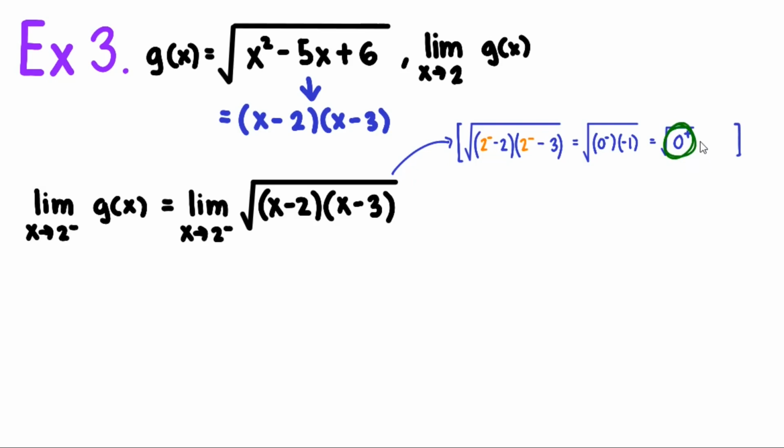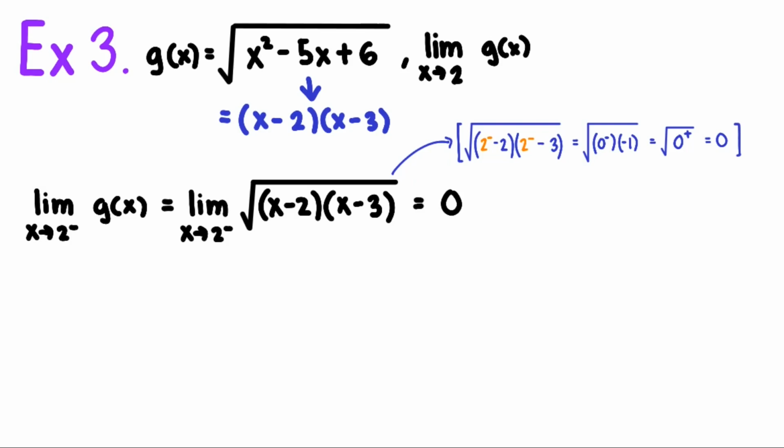So take note of this one, since this means that we have a value for this radical, and that is 0. And so we conclude that this one-sided limit out here is equal to 0.